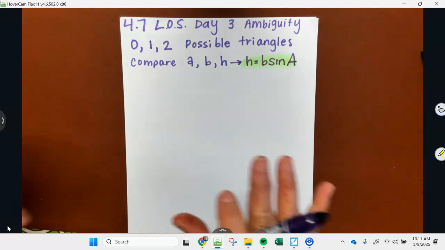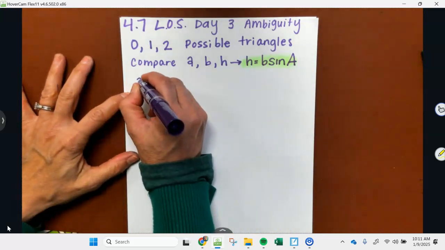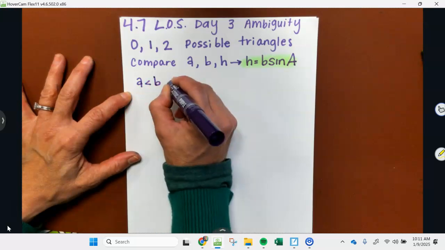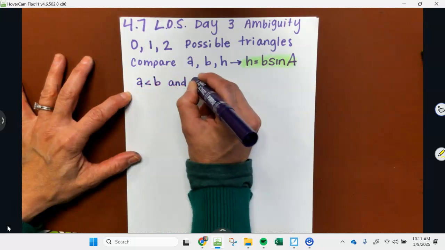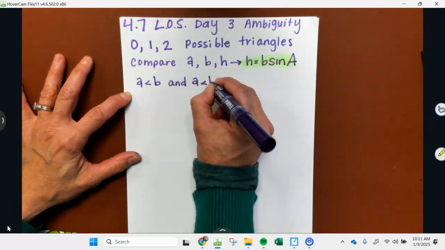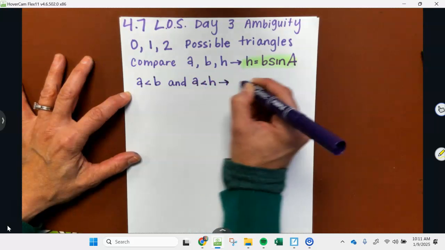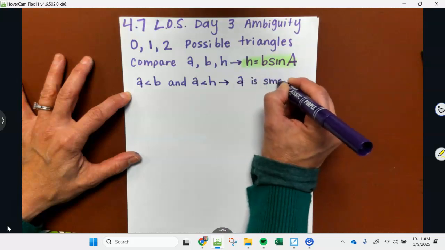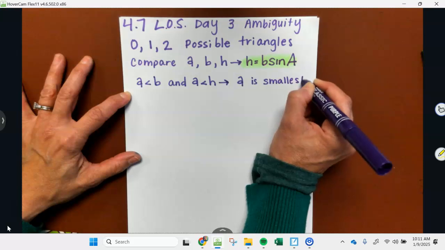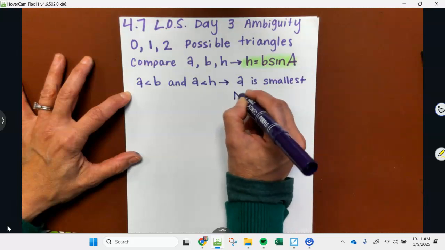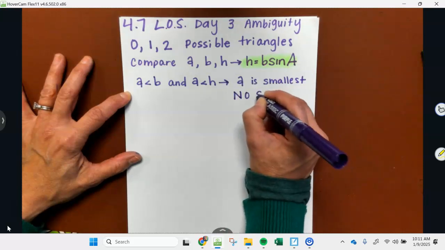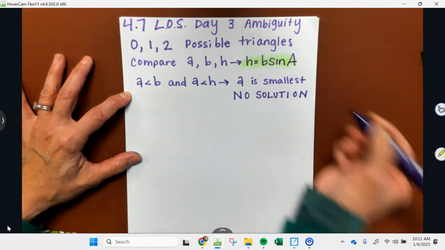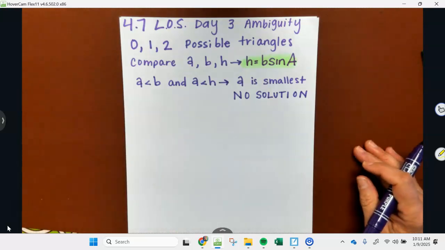All right, and here's our scenarios. If A is less than B and if A is less than H, then that means A is the smallest. And if A is the smallest, then there's no solution. You can't form a triangle with those measurements given.